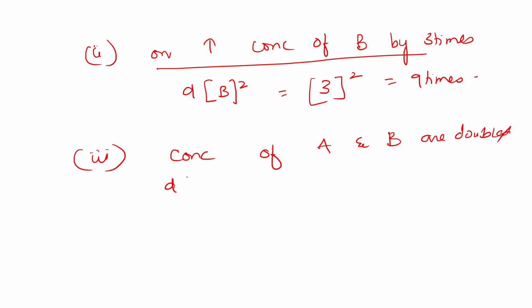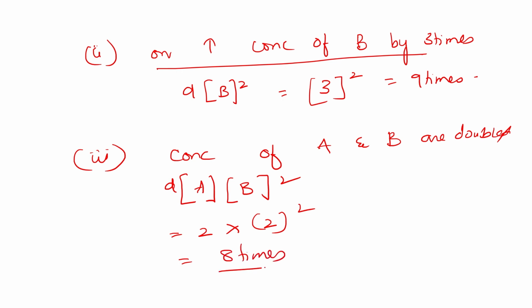Write down [A][B]^2, both are doubled, means the concentration of A is doubled, 2. The concentration of B also is doubled, 2 squared. Total is 8 times. So this is the answer. Got it, my students? So simple.